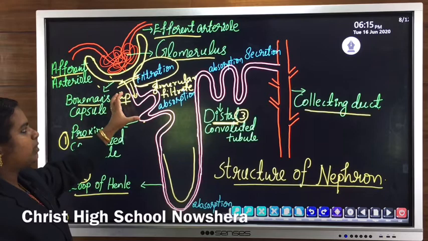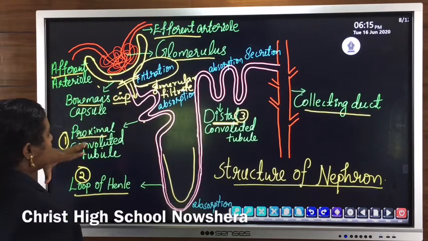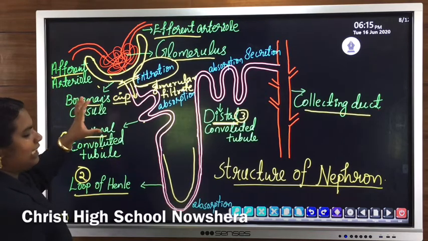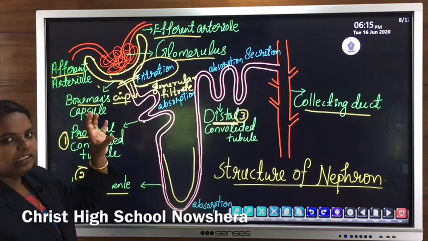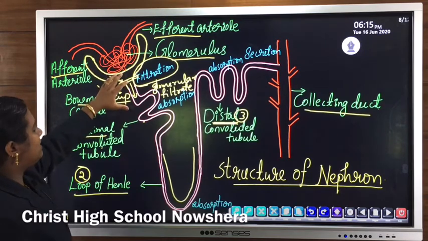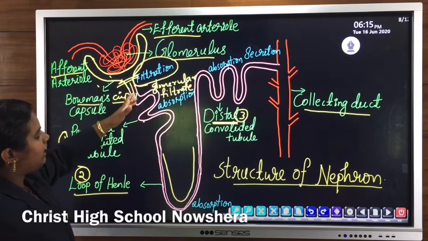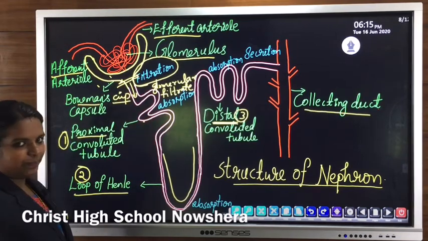During the filtration process, the filtration of substances takes place. That means the larger molecules will be collected inside this cup-shaped structure, and the smaller substances or smaller particles will move downward. Clear?